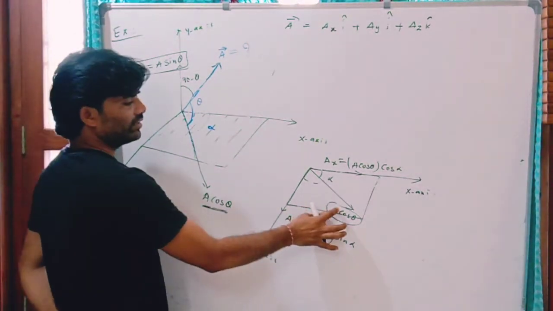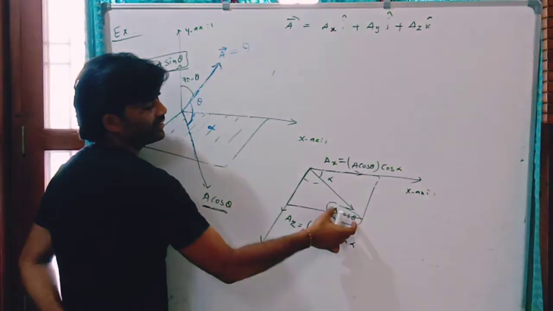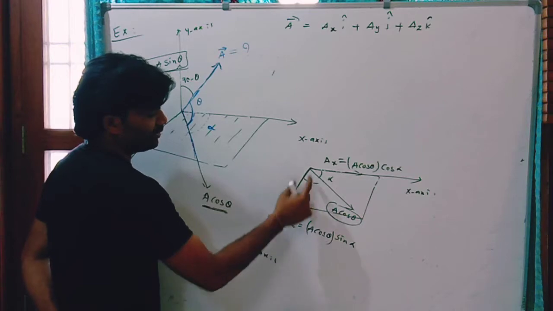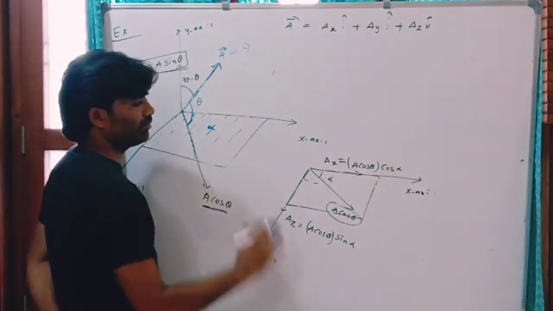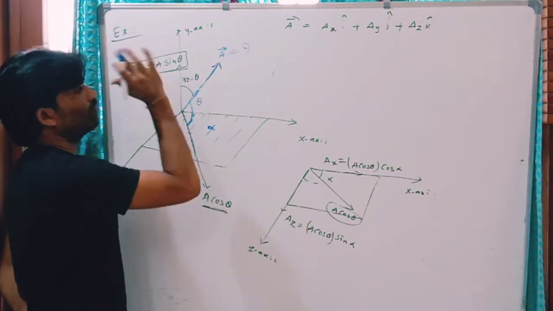Again, I resolved a cos theta into components. Its component in this direction is this vector magnitude into cos of this angle, and vector magnitude into sin of this angle. Clear? These are the components we got. Now the total x, z and y components.